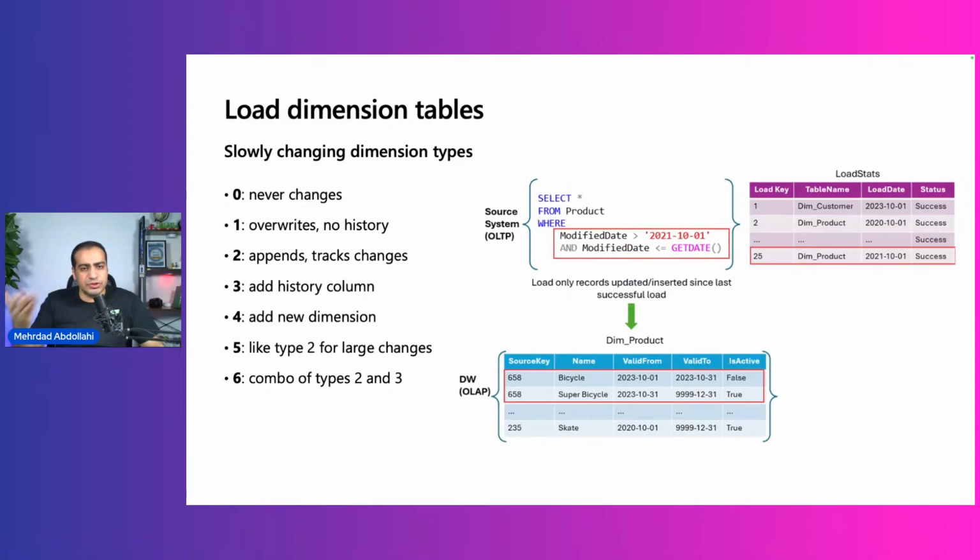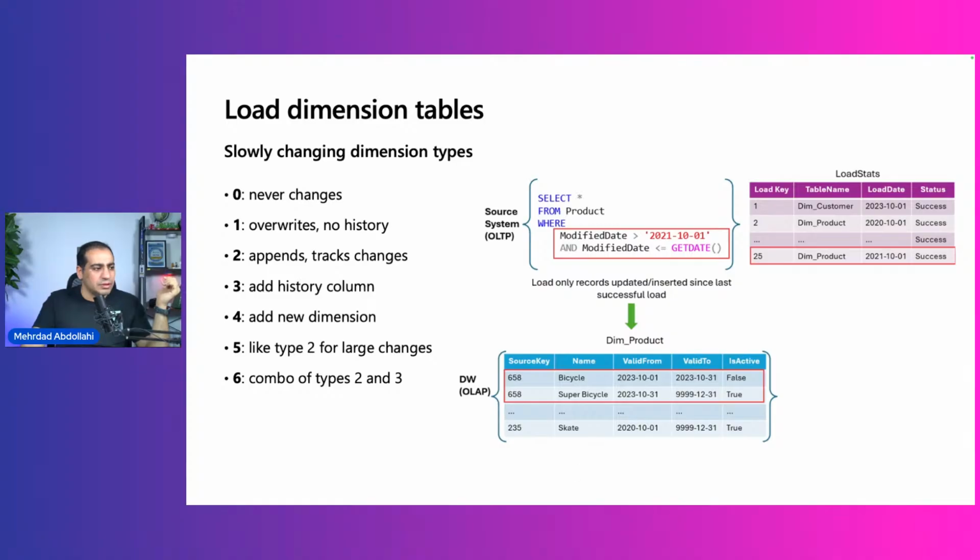SCD type 2, which is the most used for keeping history, is basically going to append to your list, adding some additional columns, where the minimum could be valid from and valid to, the dates that the record was or is valid.